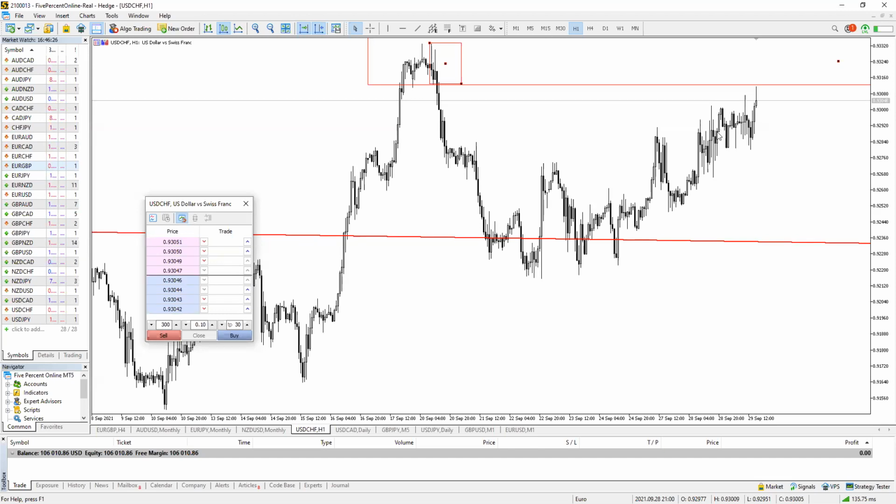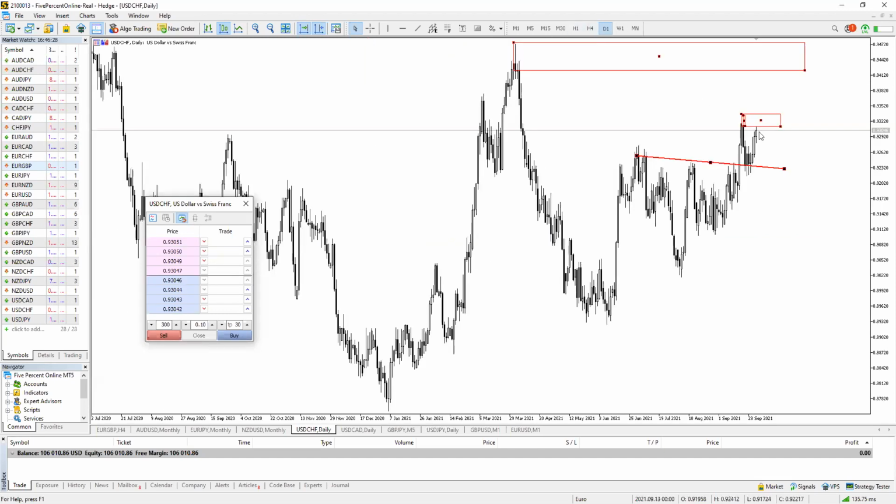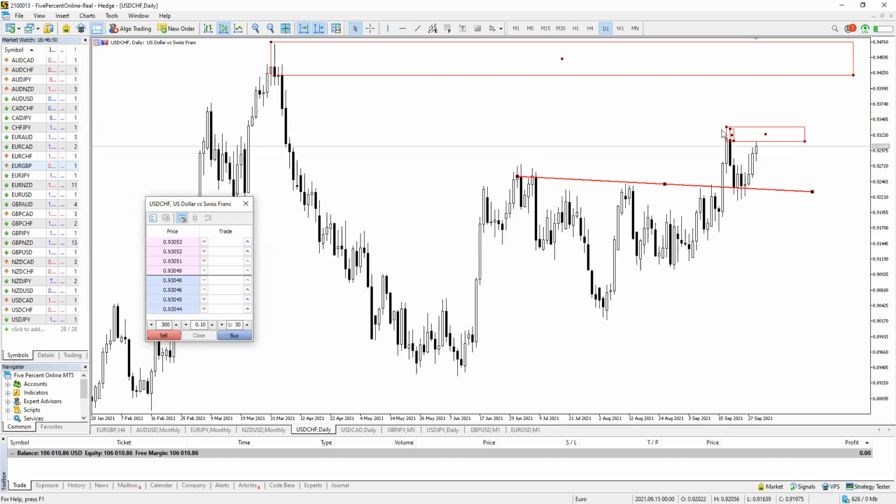Yeah, so dollar franc, before, when this break happened, I was waiting for this retest to come to this demand to go long. I already took profits on that trade in my account, and I sent that one on the trade ideas. Right now, I'm not sure if we're going to break this resistance, because we see a movement, a pullback.